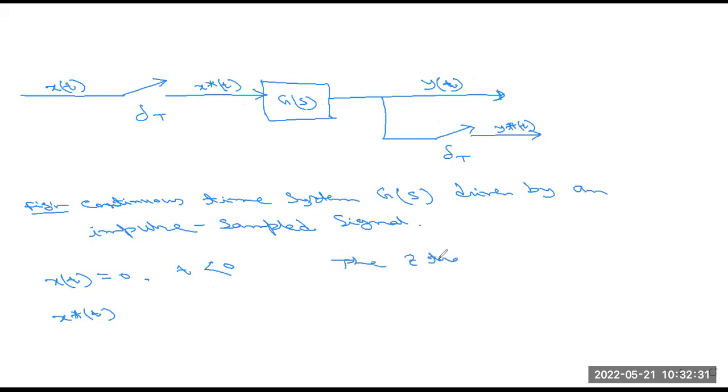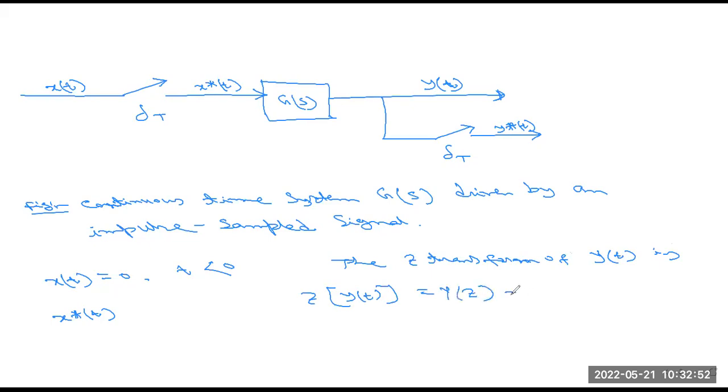So basically for the output y(t), we have to write here the Z transform of y(t), that is also Y(z).